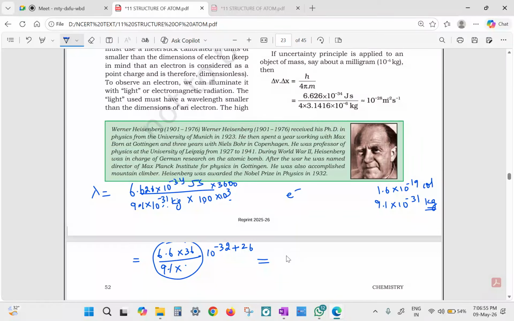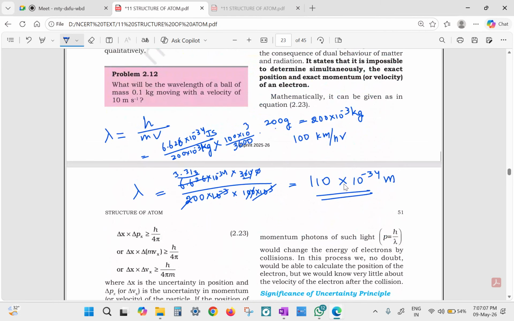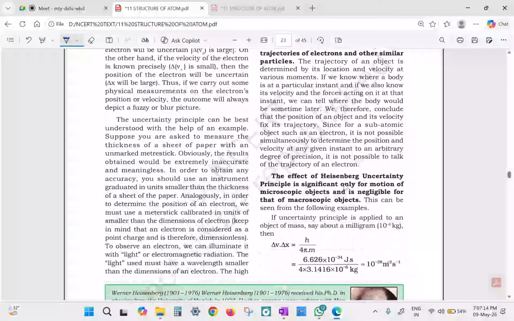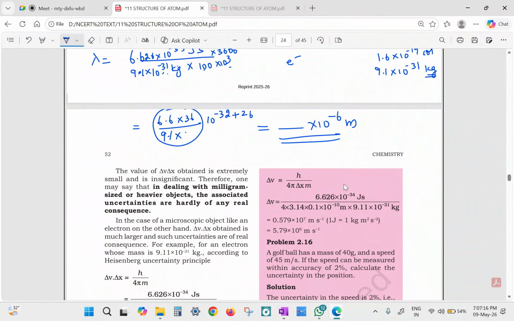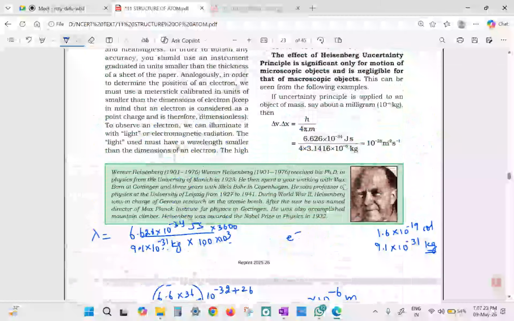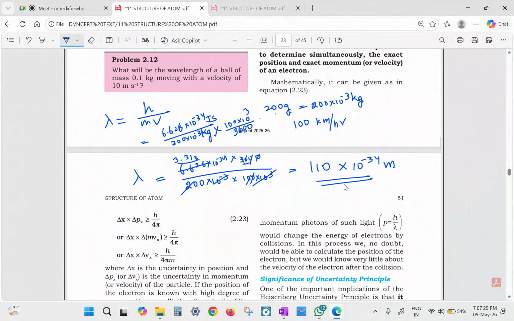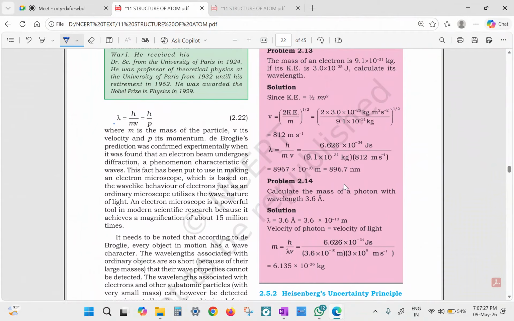This will be something into 10 to the power minus 6 meters. Is it not an appreciable wavelength as compared to the previous value, which was 110 into 10 to the power minus 34? Yes, ma'am. So as soon as the particle size becomes so small like an electron or a milligram-sized object or a microscopic object, the lambda value becomes so prominent that you cannot ignore the wave character.